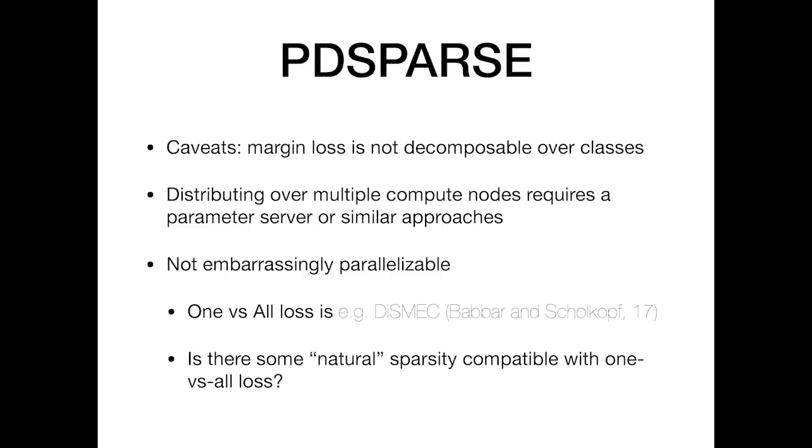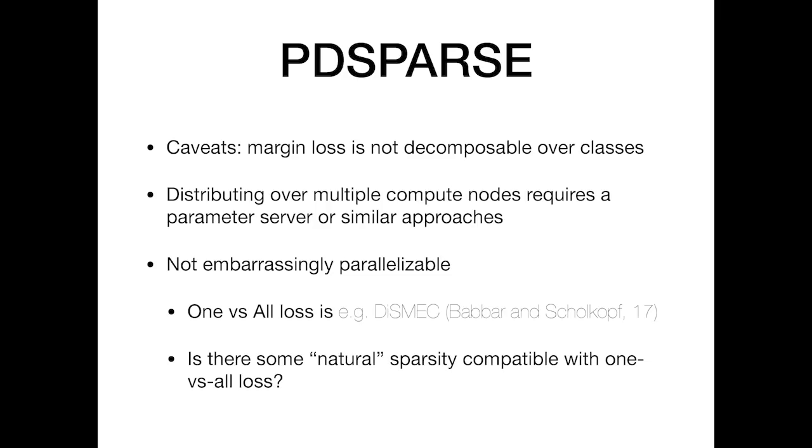Right? The issue is that this is not embarrassingly parallelizable. And what is embarrassingly parallelizable? Well, one versus all is embarrassingly parallelizable. In one versus all for a multi-class or even multi-label problem, you try to predict a single label against all other labels. And so you can fit a model for all the 10 million labels independently. So this is very parallelizable, and this is really the key idea behind DiSMEC.